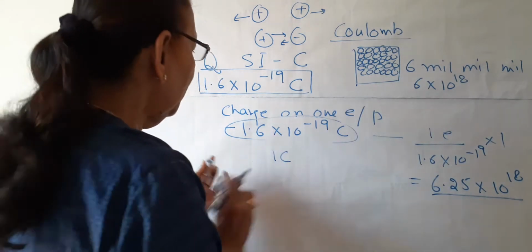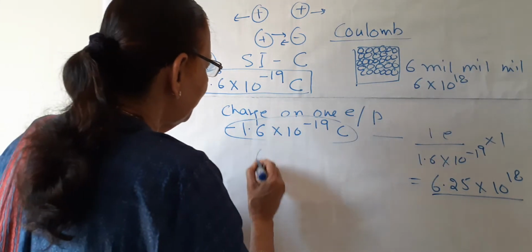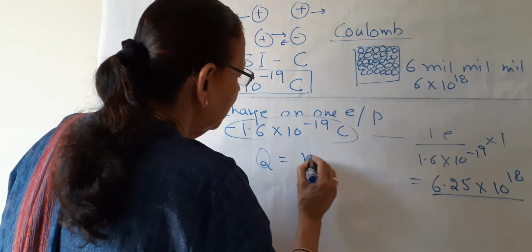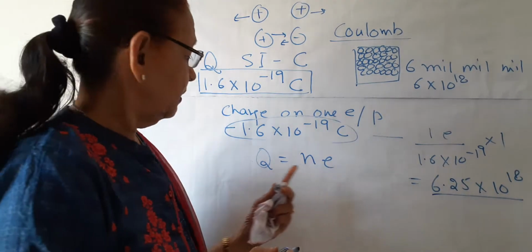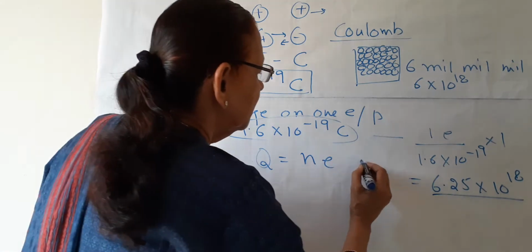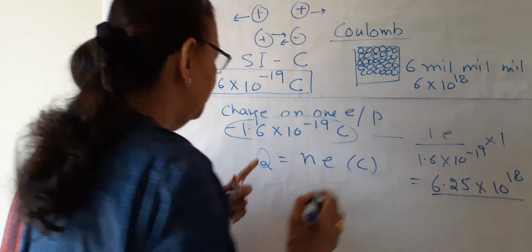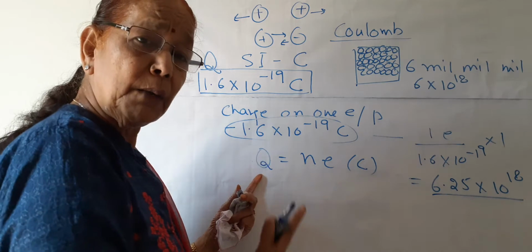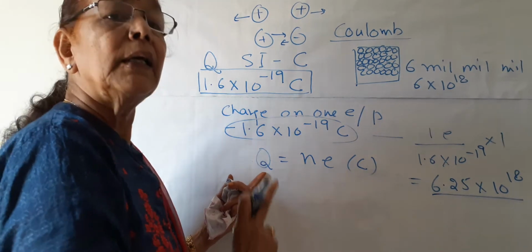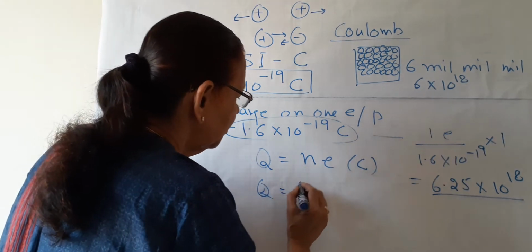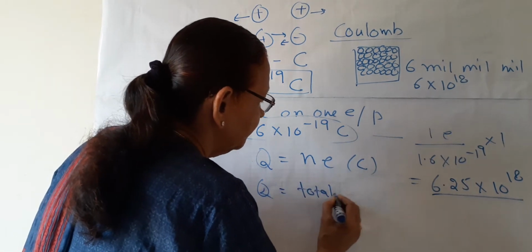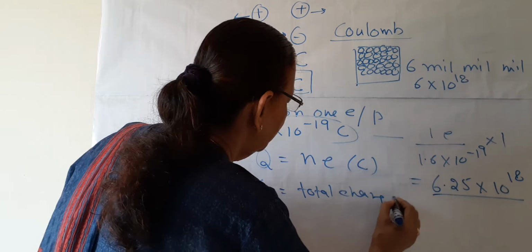And the formula to calculate this, a simple formula, you have to learn: Q is equal to NE. And the unit is coulomb. So Q is the total charge present on the object or body. You should write Q is total charge present on the body.